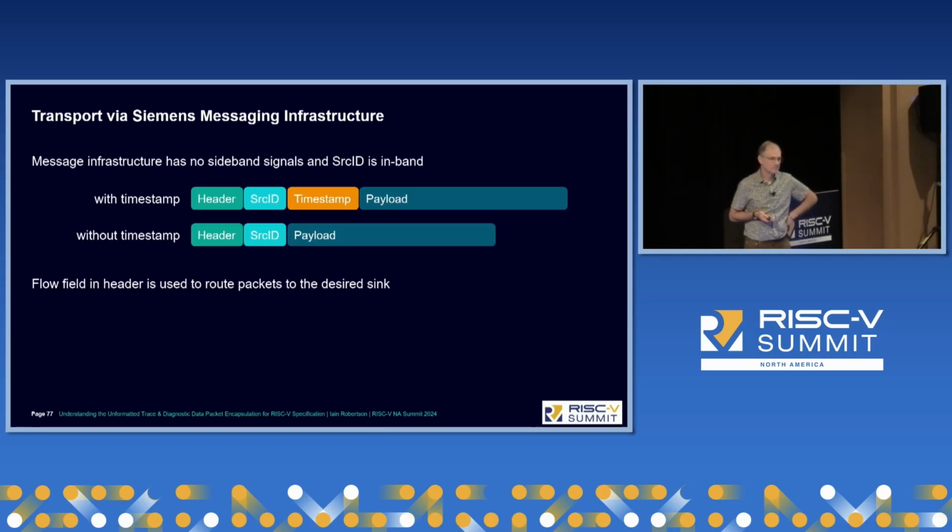Yeah, requiring the length in the header, doesn't that put a burden on the hardware to have to know the size of every packet before it can create the packet? Yes, it does, but it also gives the hardware the capability to maximally compress that packet.